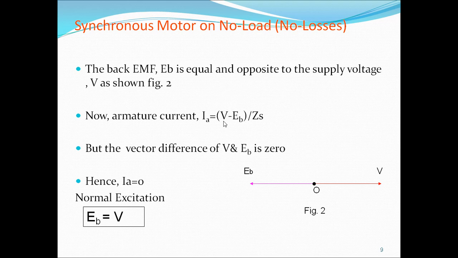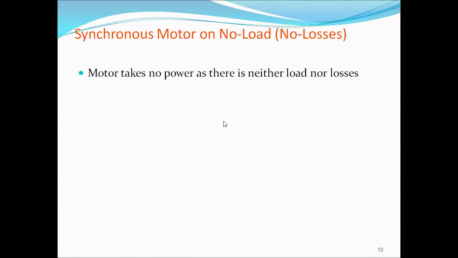This is called normal excitation. When the armature current is 0 and the supply voltage is equal to the back EMF, it is called normal excitation. As shown in figure 2, both Eb and V are equal and opposite, at 180 degrees phase displacement.